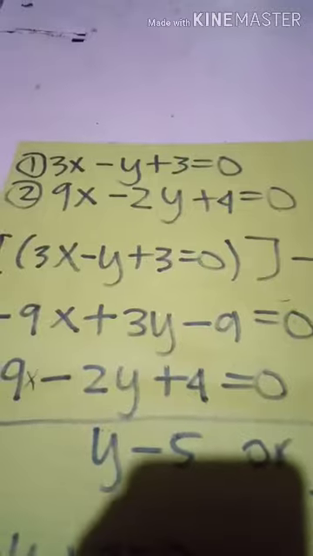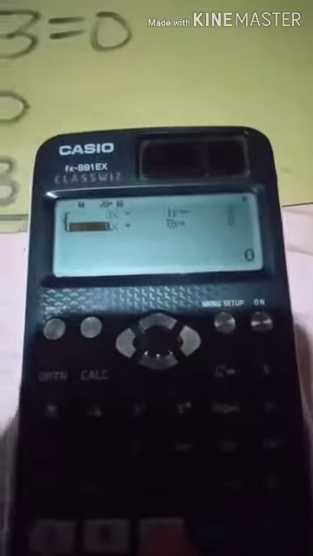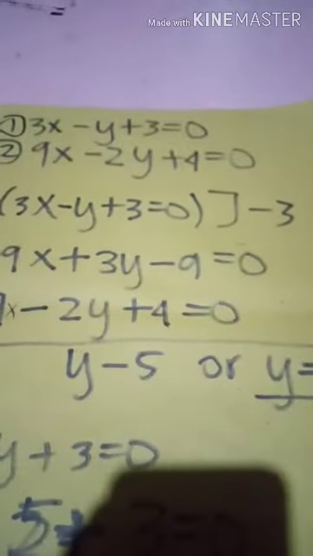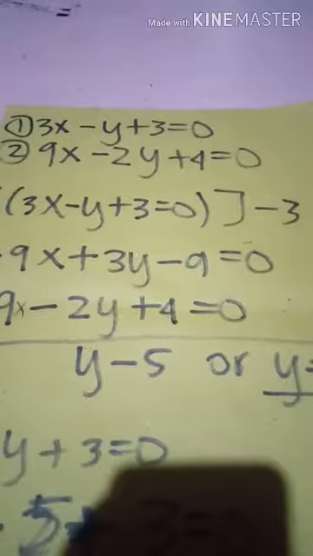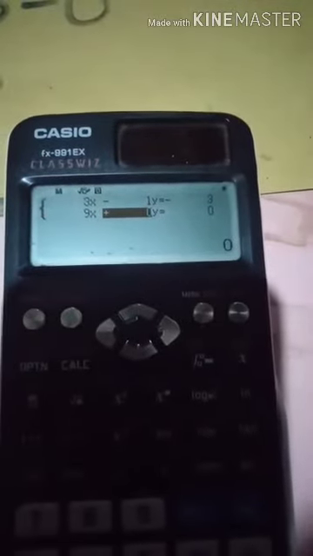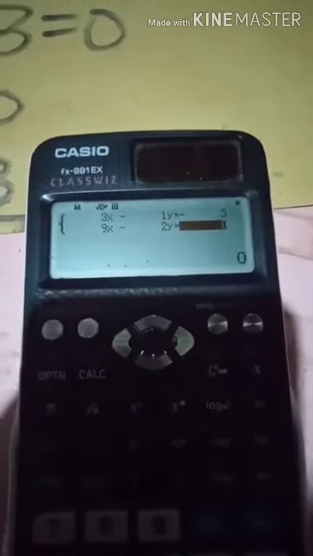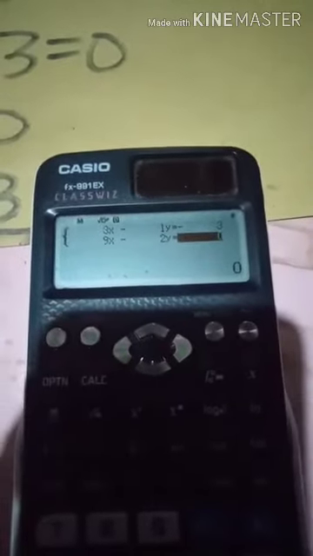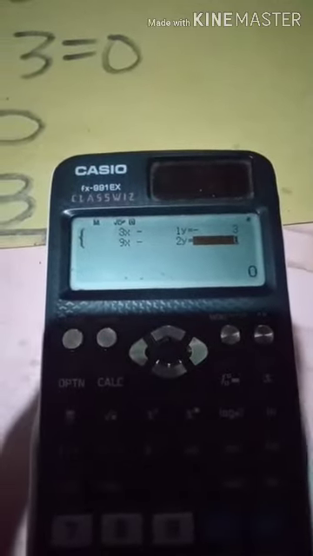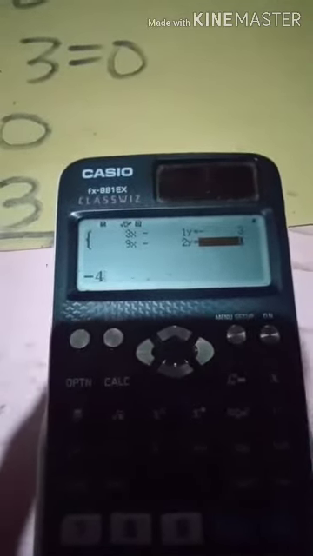That is equation 1, 3x minus y plus 3. Next is equation 2, 9x minus 2y plus 4. The x coefficient is 9, the y coefficient is negative 2, and we transpose the 4, so it becomes negative 4 since it moves across the equals.